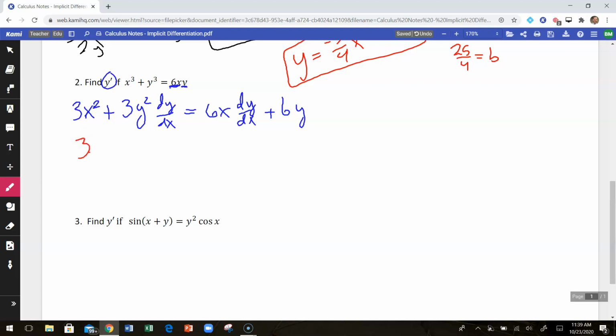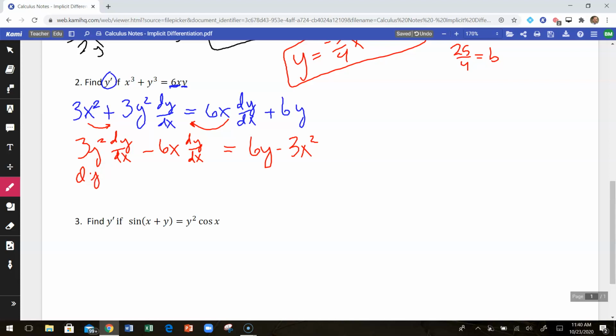So I'm going to keep this 3y squared dy over dx, and I'm also going to subtract this one over so that I have minus 6x dy over dx. And that's going to equal, on the right side I would have my 6y, but I would also subtract this over to the right side, so minus 3x squared.